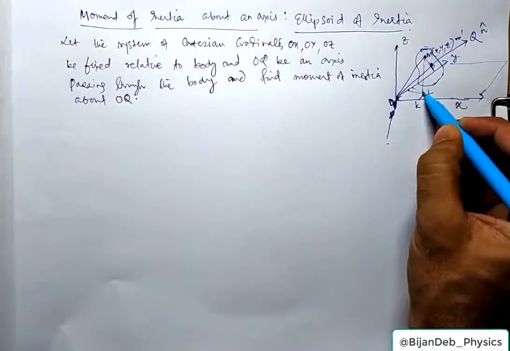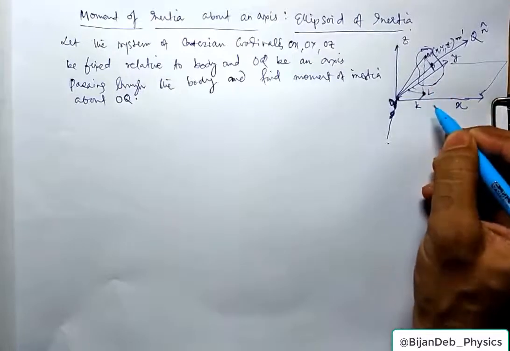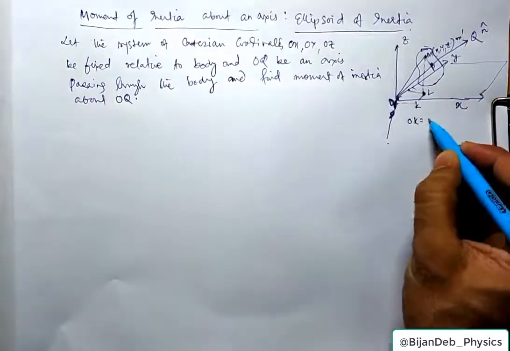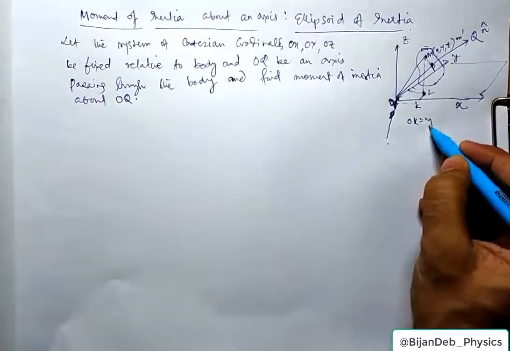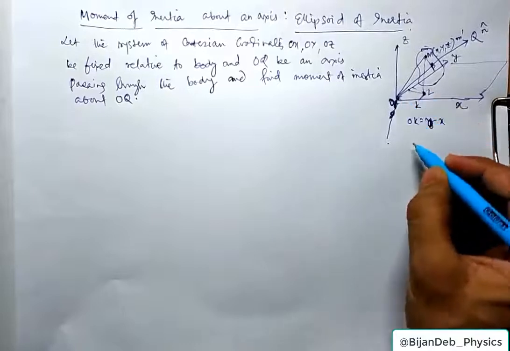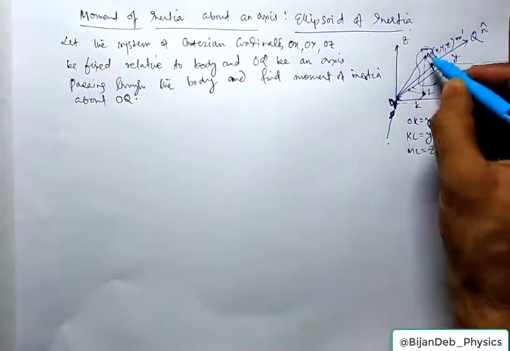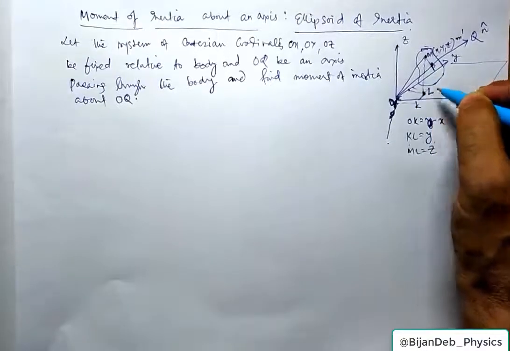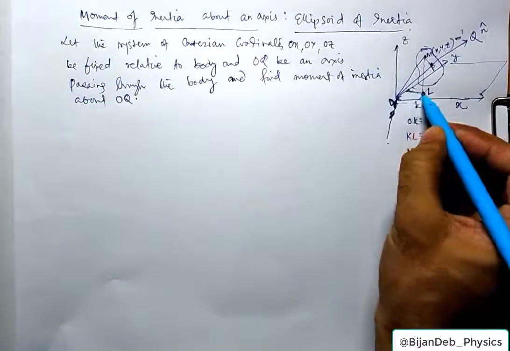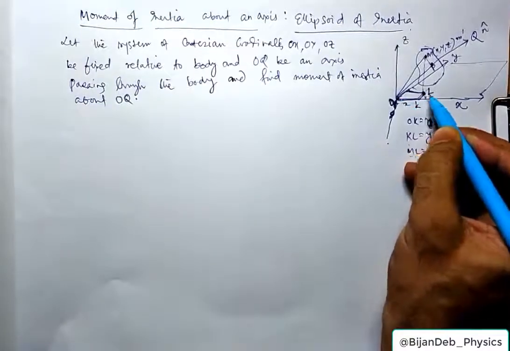ML, KL, OK. Okay. So OK will be X. KL will be Y, and ML will be Z. KL is a projection of M on the x, y, z axes.